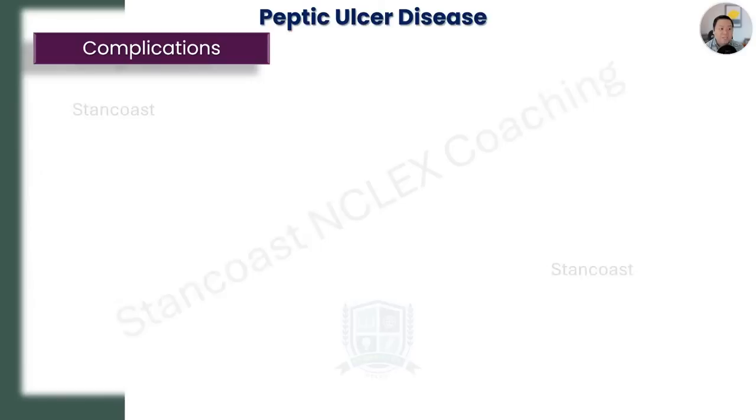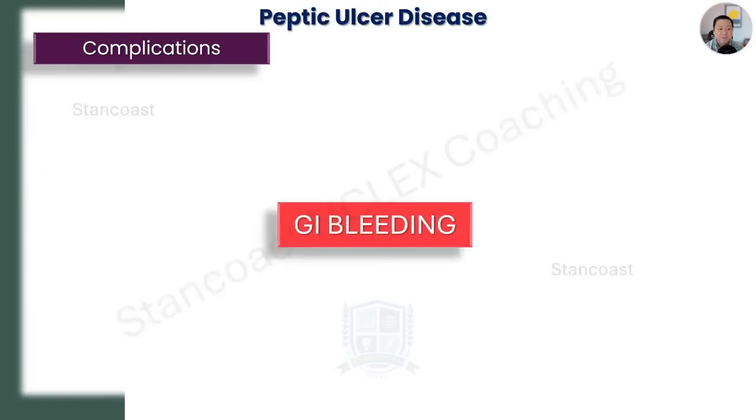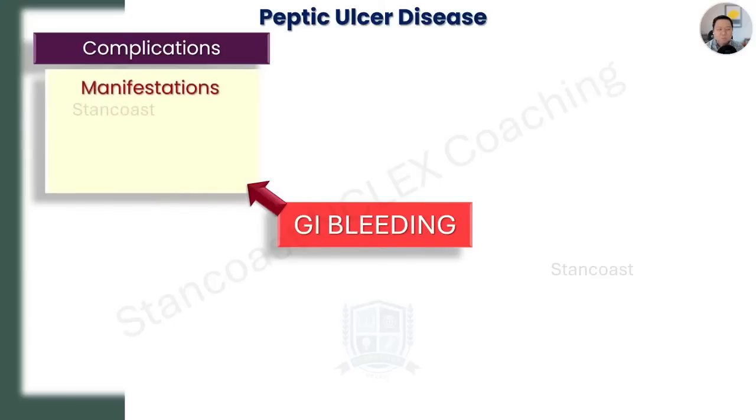Now, another complication that we have is gastrointestinal bleeding, which may be manifested by slow bleeding. This can lead to manifestations of anemia, so the patient might have fatigue, pallor, weakness. Or if their bleeding is rapid, this might cause hemodynamic instability.